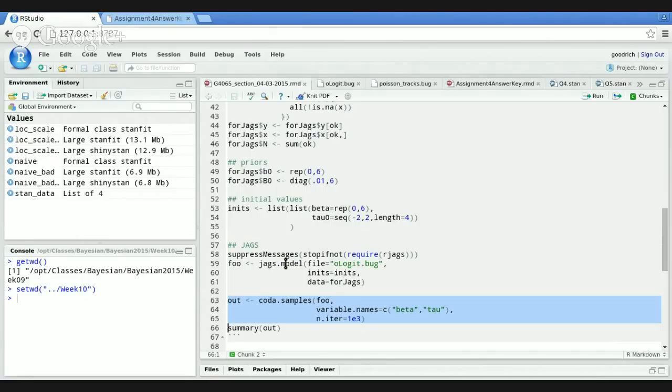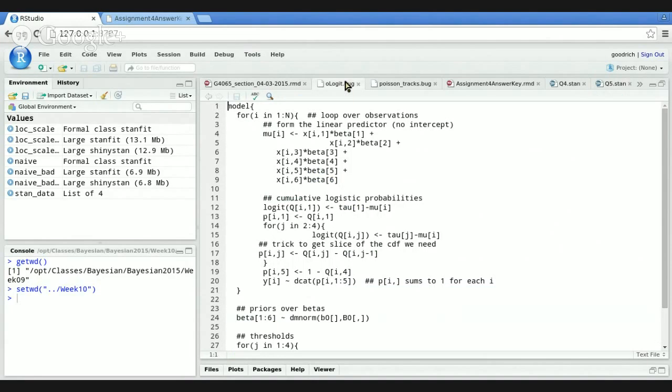You can tell it what variables you want to monitor the posterior distribution of, and how many iterations, and it will return a coda object that can be analyzed with the coda functionality. And you could run multiple chains and glue them together into an MCMC list. There's also a package called runjags, which will enable you to do multiple chains in parallel and return an MCMC list. So hopefully, having already learned Stan, that will be reasonably transparent.